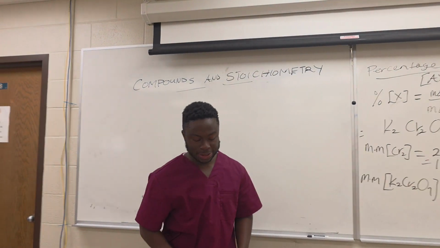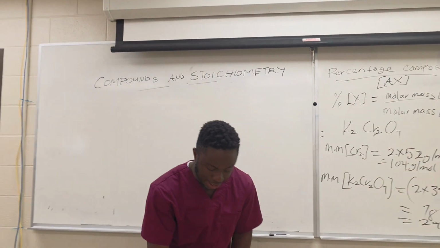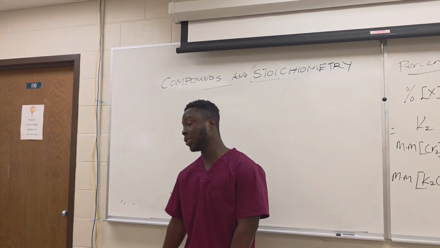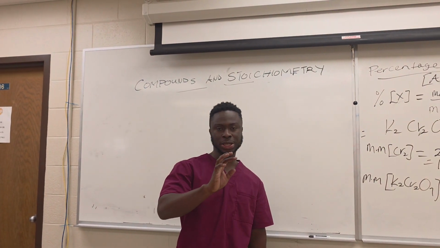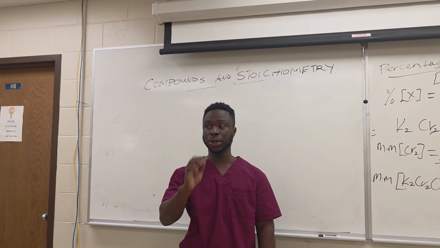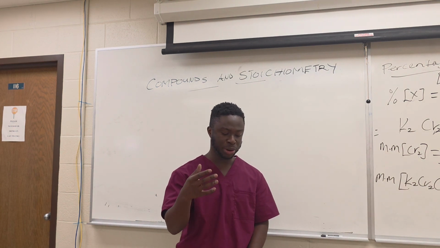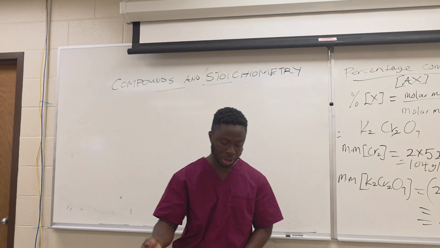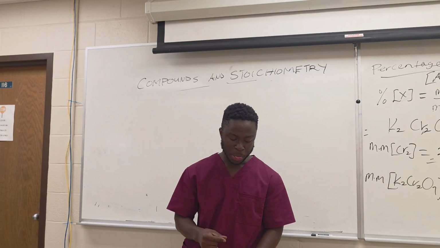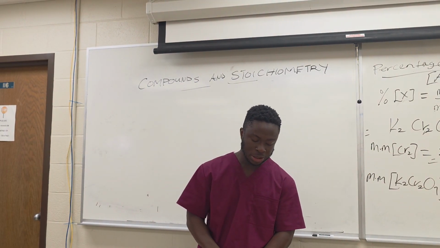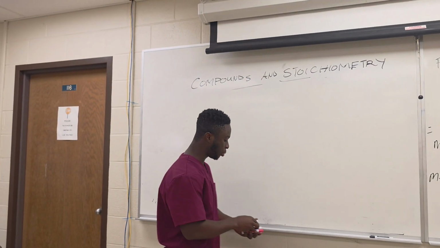And when we were discussing the empirical and the molecular formula, we said the empirical was the lowest whole number ratio, and the molecular was the exact weight. We did not find how to calculate the empirical and the molecular formula of a compound. So let's use this for instance. What are the empirical and the molecular formula for a compound that has 40.9% of carbon?